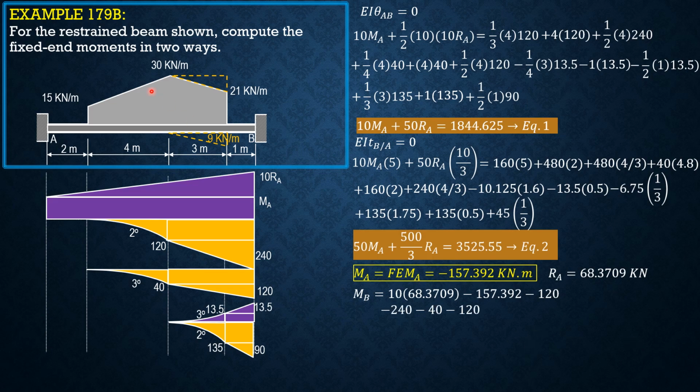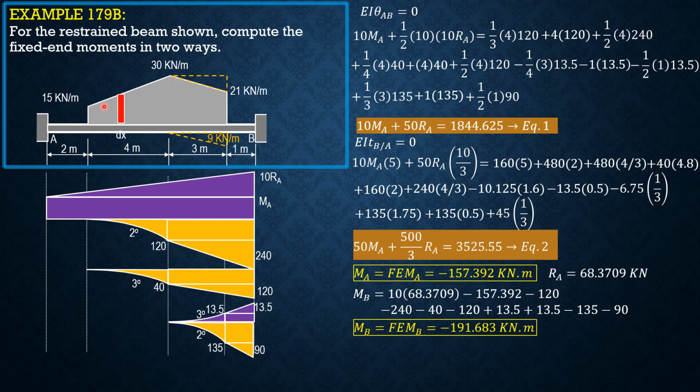For the second method, let's have a strip application of fixed moment A equals negative P a b squared over L squared, but by integration. So imagine that this is x, therefore w minus 15 as to x equals 30 minus 15 is 15 as to 4.